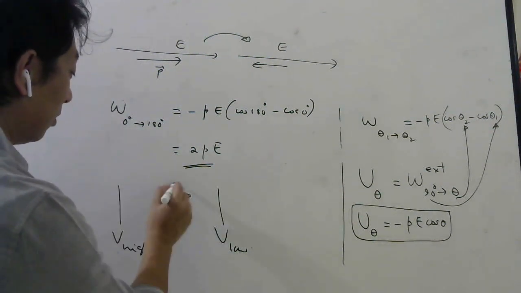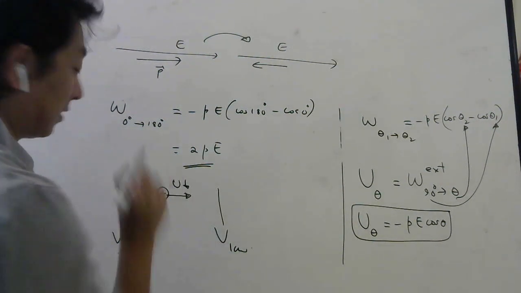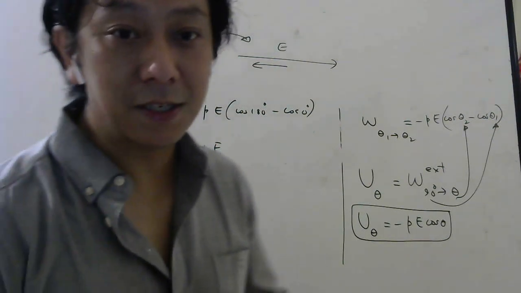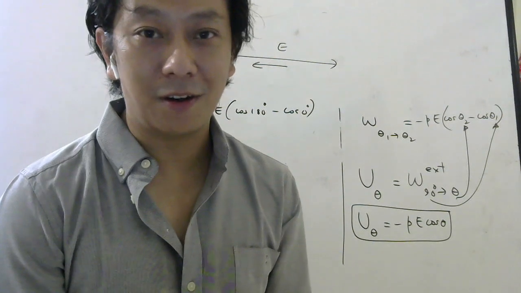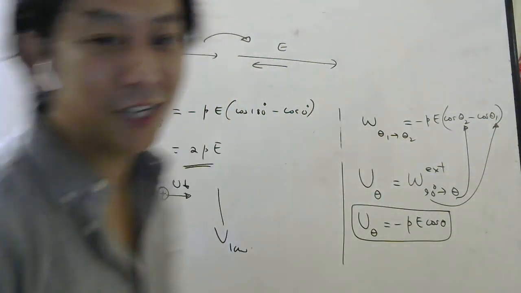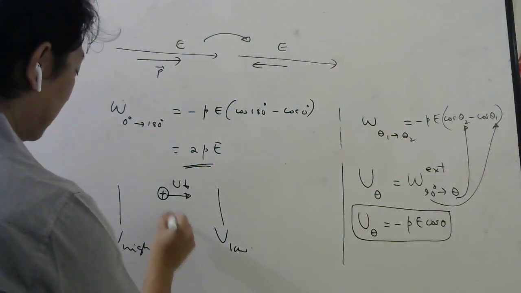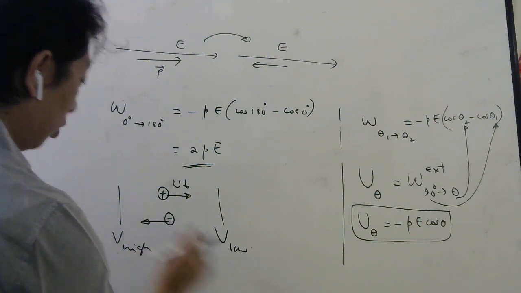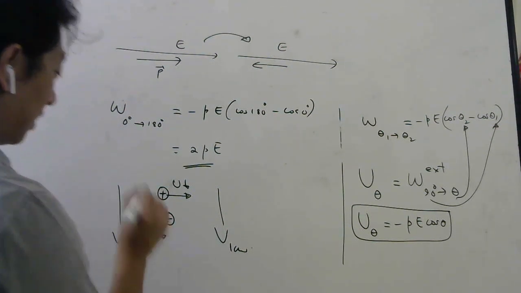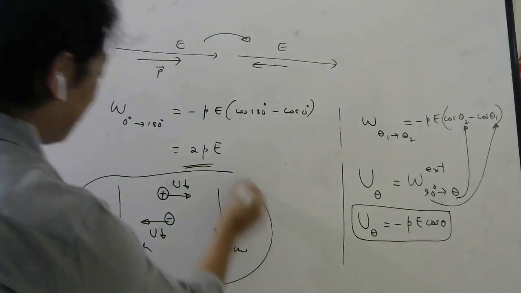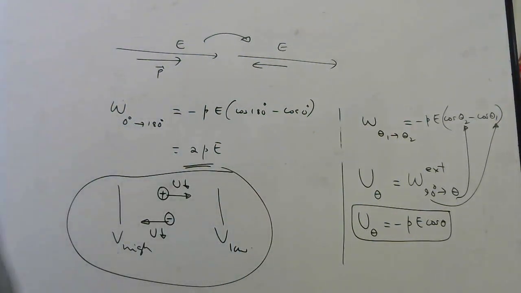That way, if they go, their potential energy will decrease. And every stable system wants to have less potential energy. If I drop you, you will fall down. That is because you want to have less potential energy. And negative charge, if I leave, it will run from low potential to high potential, because that is how its potential energy will decrease. Okay students, so keep this in mind. See you next class.